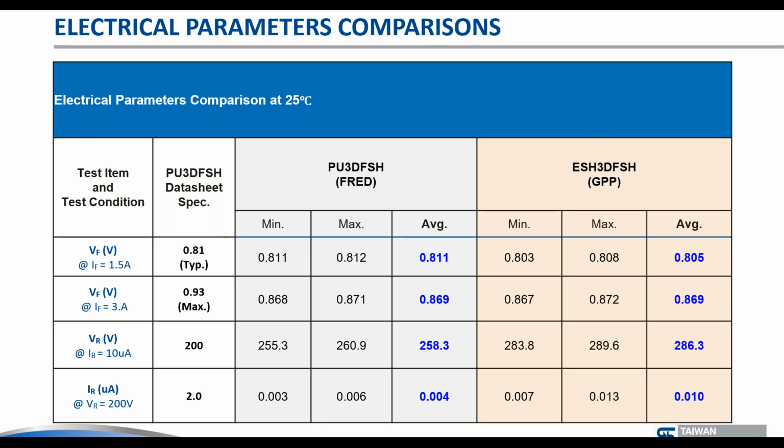So they're far away from the spec, and of course they have no leakage current to speak of. Then if you do the same thing at 125 degrees C, the VF, fortunately, has a negative temperature coefficient, and the leakage current has a positive temperature coefficient. Here you see that the GPP already has double the leakage current of the planar device. So the planar device inherently does have a lower leakage current.